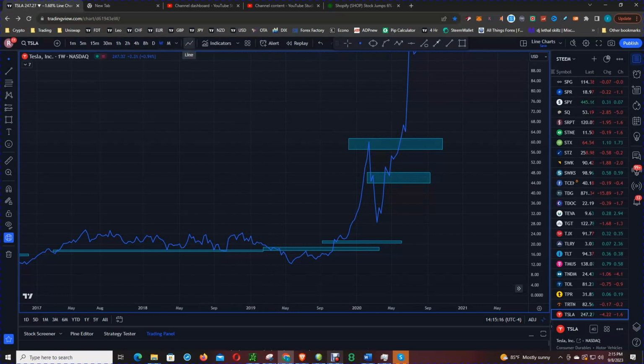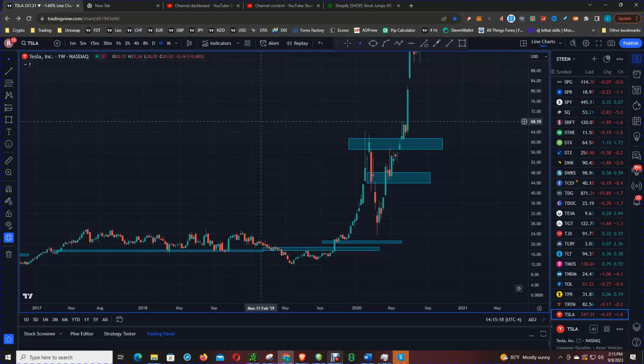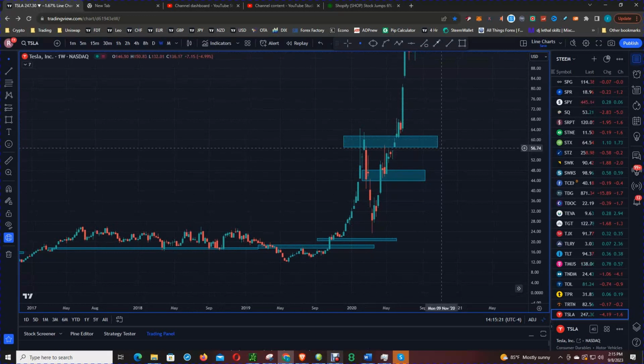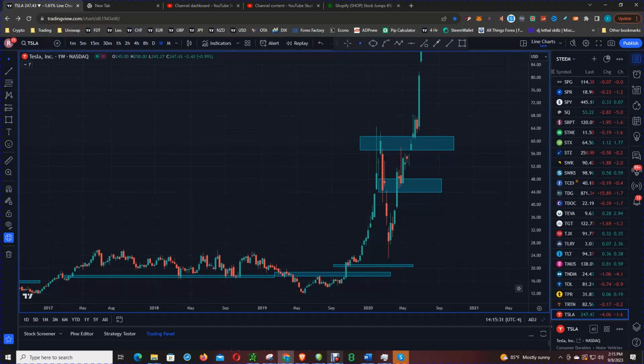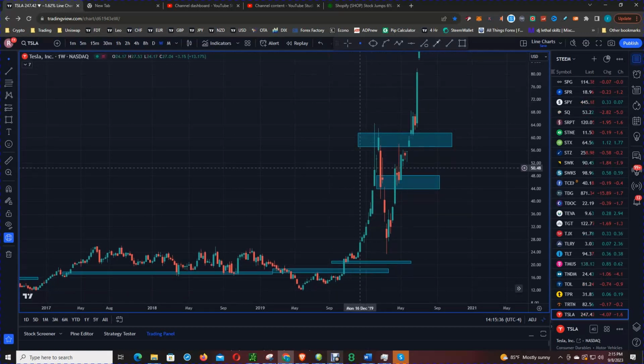Let's see how those did. All right, so this one, you had a reaction, which was good for 2-to-1. This one did not work out. So you're still up on these two trades, 1x.